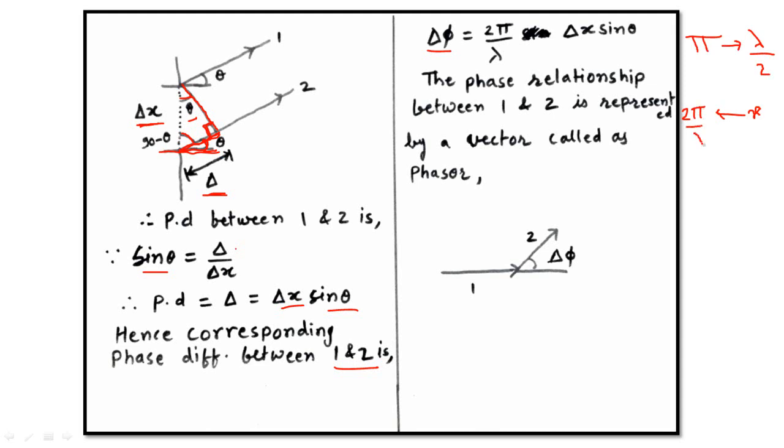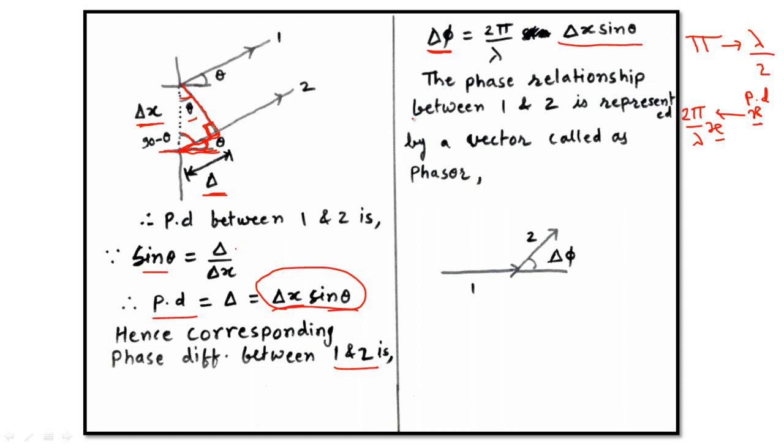So if my path difference is x, my phase difference will be 2 pi by lambda into x. Here, since my path difference is delta x into sine theta, my phase difference delta phi will be equal to 2 pi by lambda into delta x sine theta.